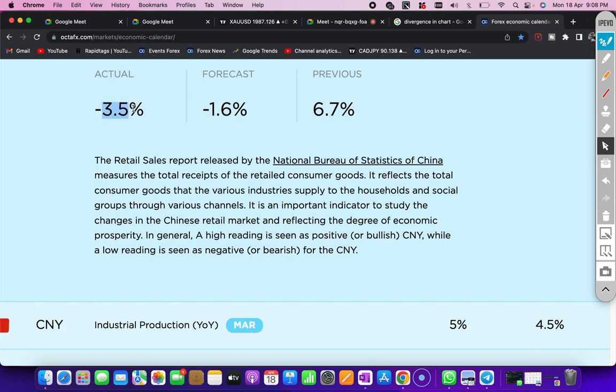The actual was minus 3.5, so it is lower than the forecast of minus 1.6. Previously it went up to 6.7%.